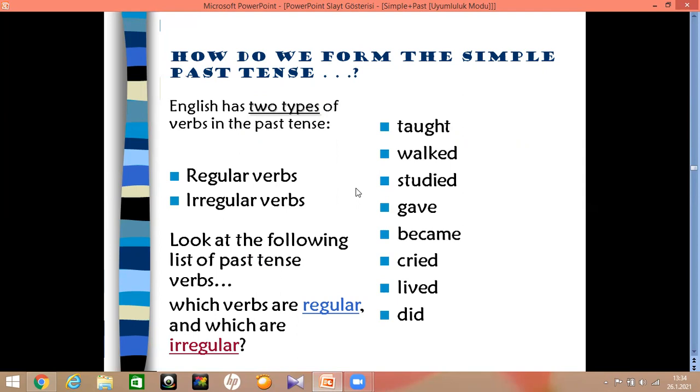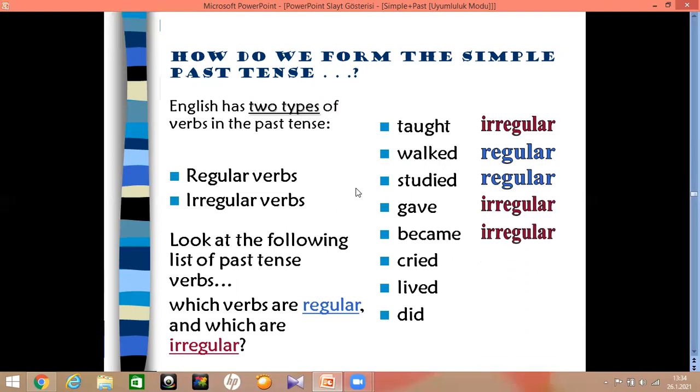Walked, studied, regular verbs. Gave, irregular, became, irregular, cried, lived, regular, and did, irregular verbs.